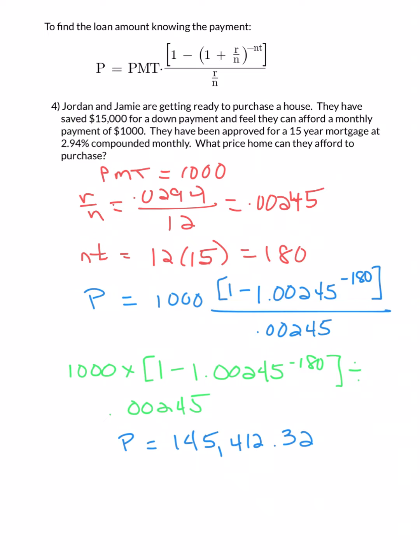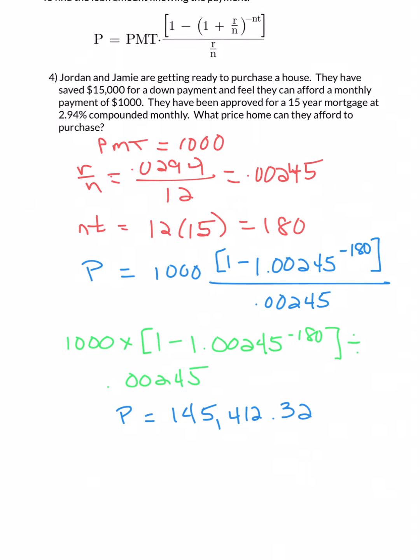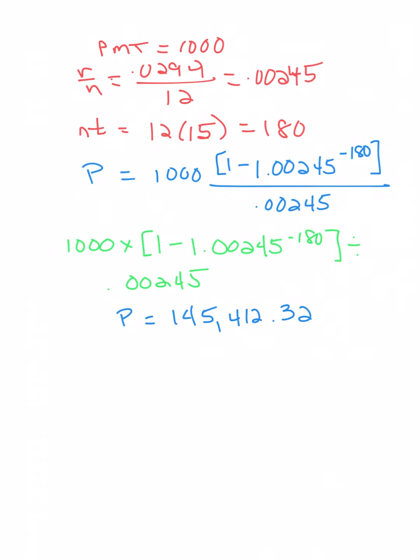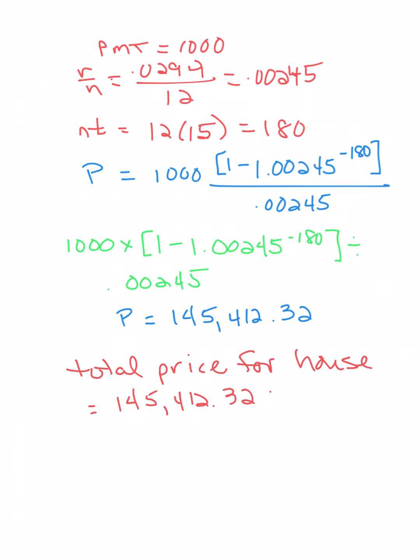What we have to think about, though, is that they've also saved a down payment. So if we add the down payment to the loan amount, the total price for the house is the loan amount, 145,412.32, plus what they have saved as a down payment, 15,000.